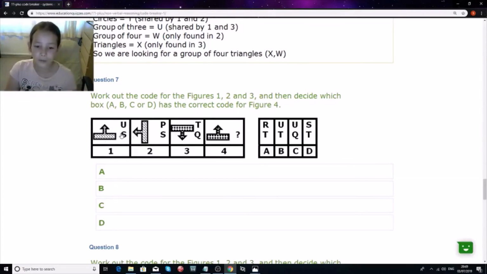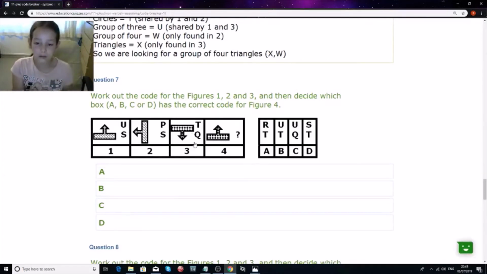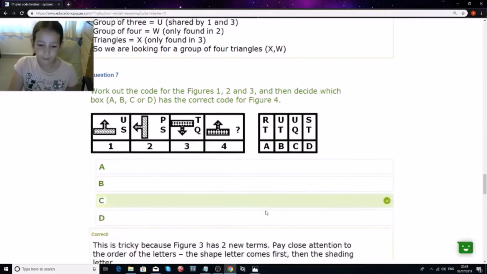Now, S and S mean wavy lines inside, and Q must mean sort of crossed figures. So this is crossed, so it must be UQ. Let's see. UQC. Correct.